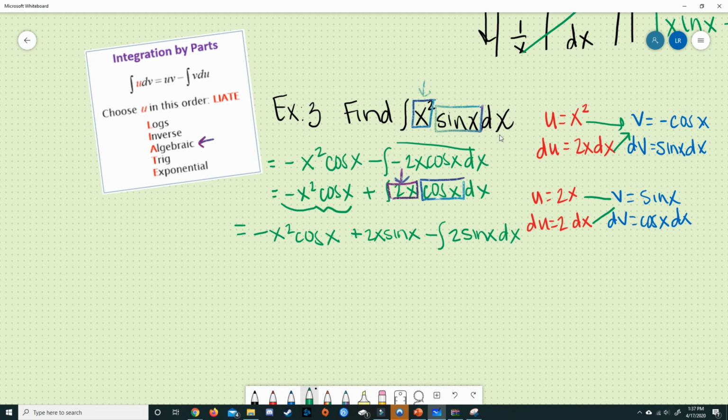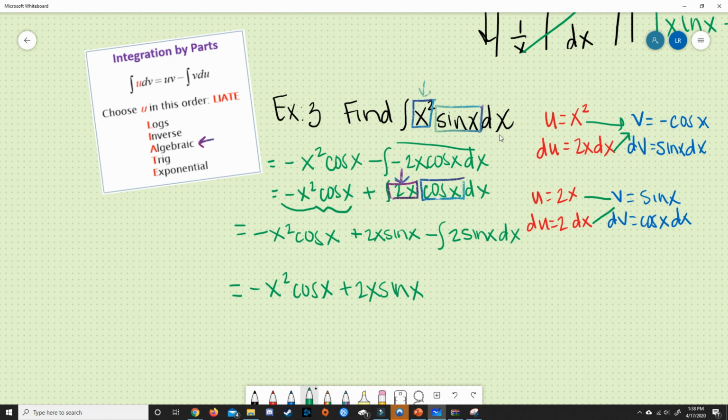We're not done until we've dealt with the integral. Now we don't have a product here, which is great. Because we don't have a product, we can simply integrate this. The integral of sine is negative cosine. And so our final answer is going to be negative x squared cosine of x plus 2x sine of x.